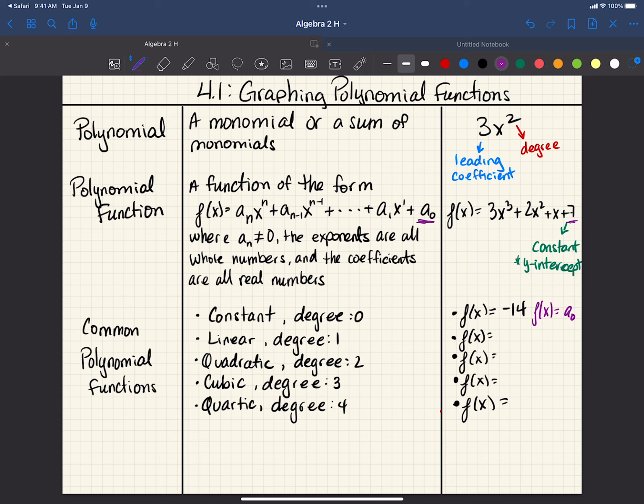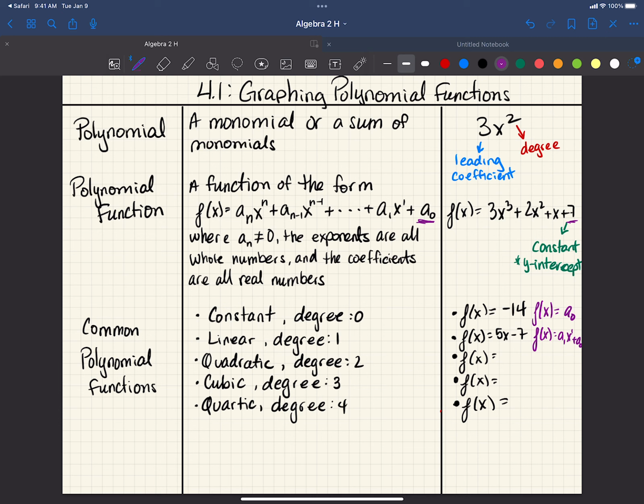Now a linear function, we are all used to that, right? That's y equals mx plus b. So 5x minus 7. So in standard form, that is a1 x to the first plus the constant. I don't have much space.